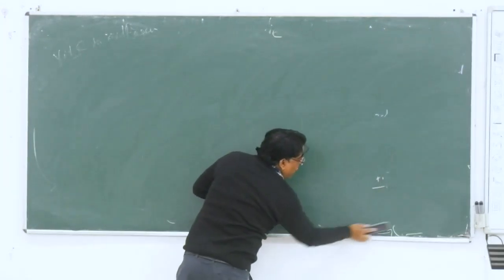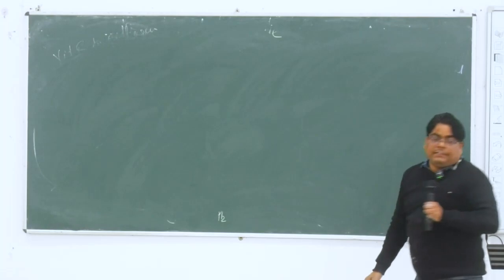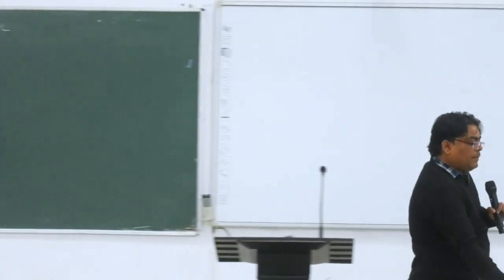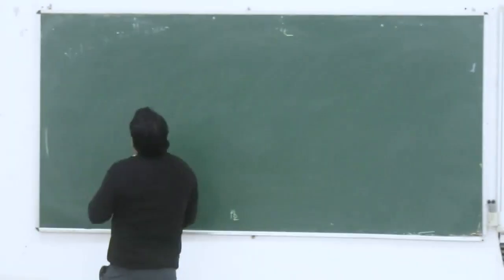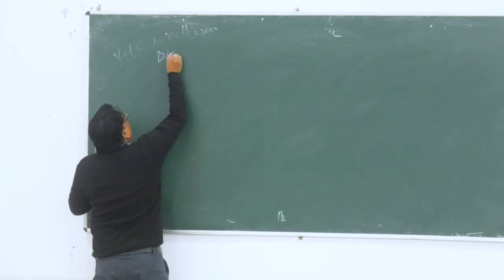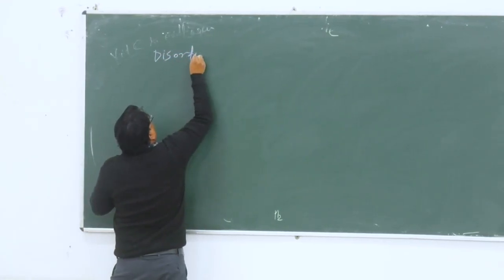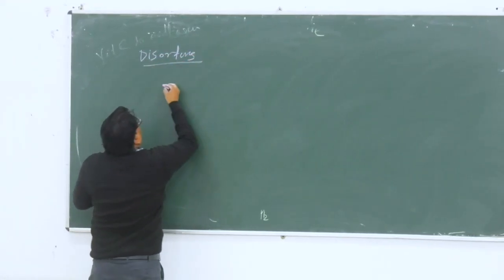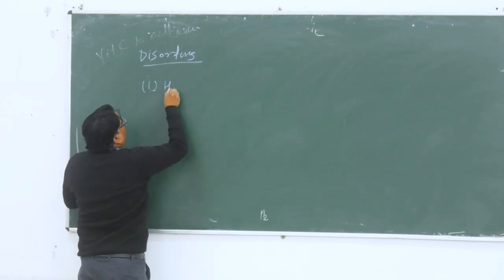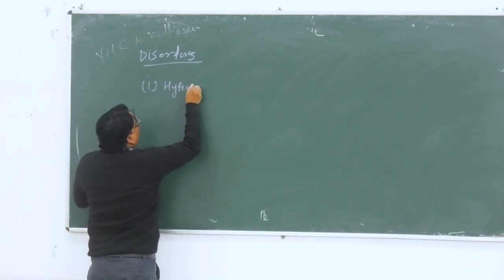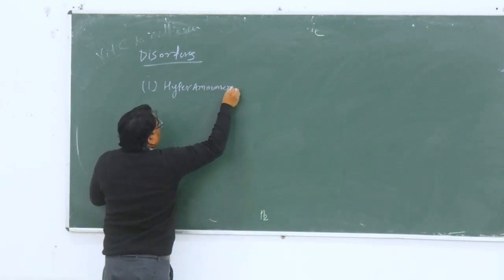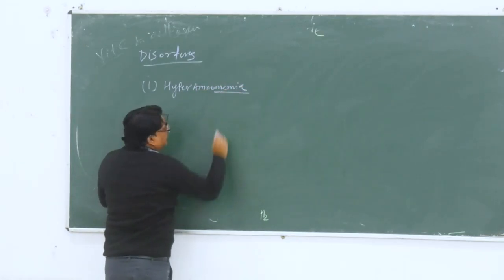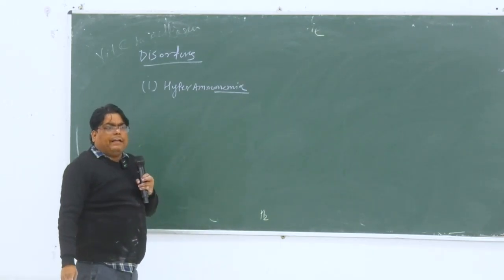Now we understand the disorders. The first disorder is hyperammonemia, ammonia in the blood.